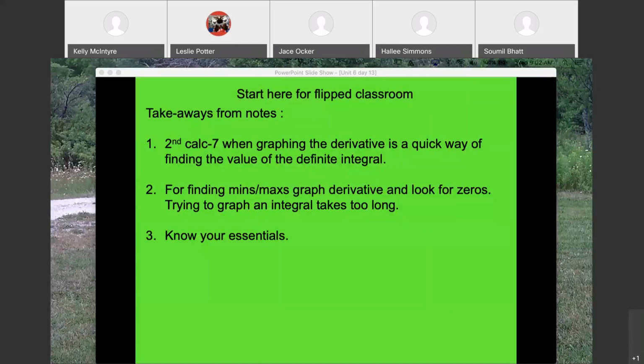And also using your second calc 7 key. That's where you can integrate underneath the integrand function. In other words, underneath the rate of change function, and it really shades it in nicely on your graph screen, which is kind of cool. That's the same thing as using your Math 9 key on the calculation screen.